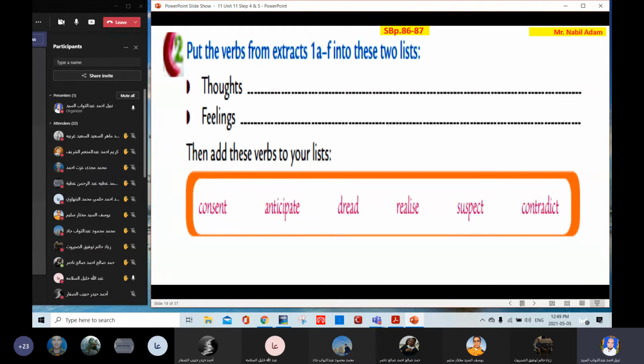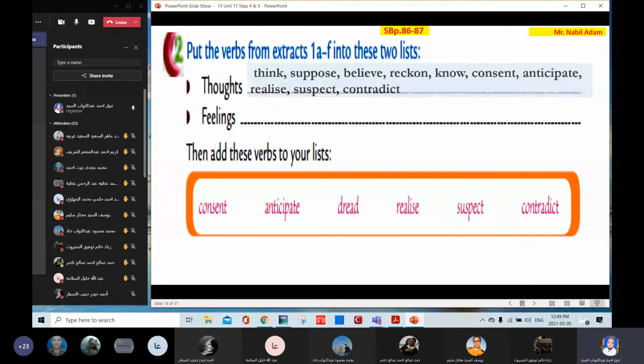Very good. So you have added here some other verbs from this list: consent, anticipate, dread, realize, suspect, contradict. So these are verbs of thought. Let's say them again: think, suppose, believe, reckon, know, consent, anticipate, realize, suspect, contradict. Okay, good.